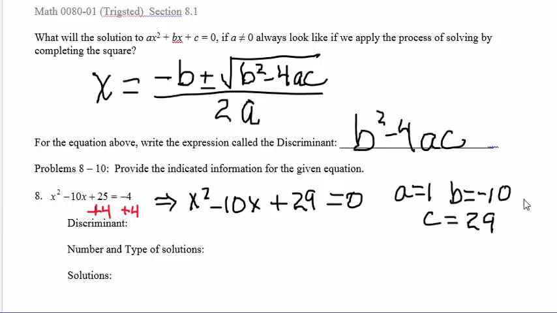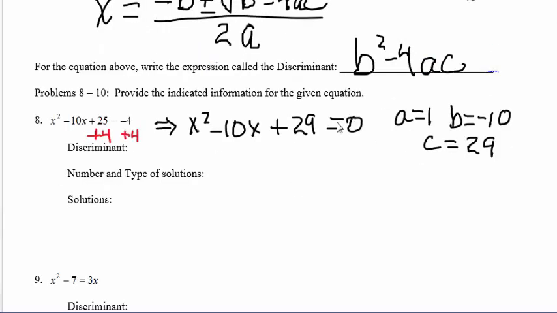So notice, you can't determine your a, b, or c until you have 0 on one side of the equation, everything else simplified on the other side of the equation. So let's calculate D, which is the discriminant, which is b squared minus 4ac.